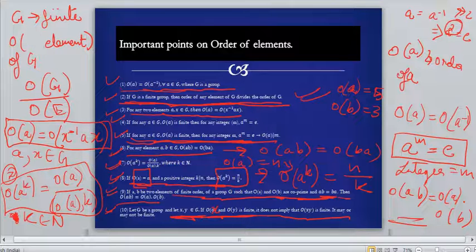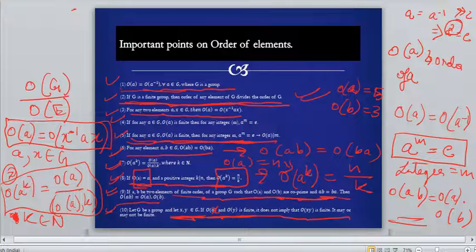What they are trying to say is this. Look at this. Let me just rub a little bit from on top and let me show you what they are trying to say.